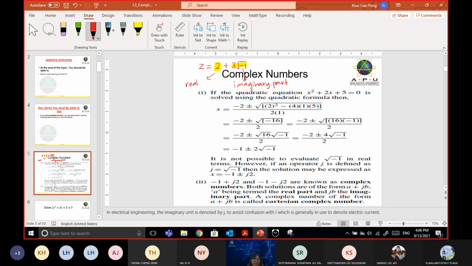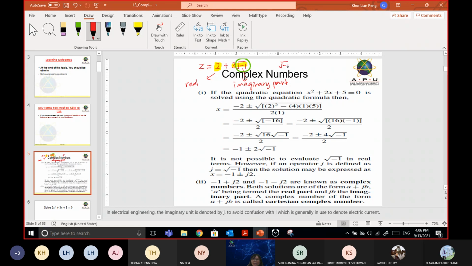I think this is something new to you, square root of -1. Because of the square root of -1, we call this a complex number. We normally have a symbol to represent the square root of -1.